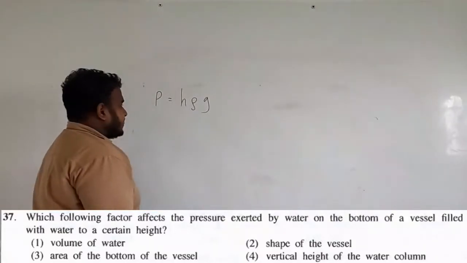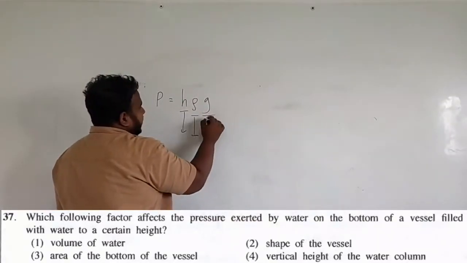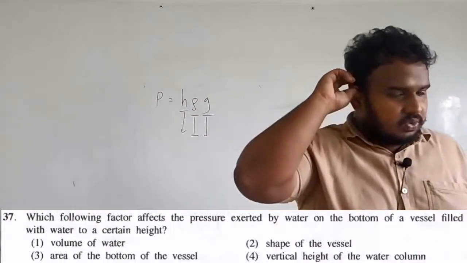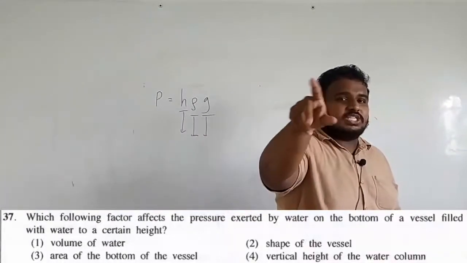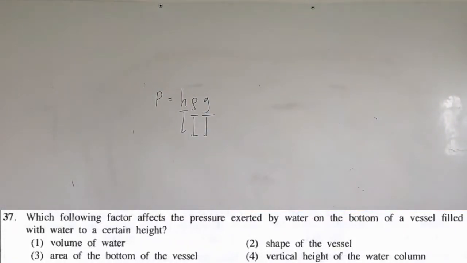It depends on all these three: the vertical height, the density of the liquid, and gravity. Whenever they give you some equation, they directly ask which depends on what, so don't bother about what's happening there. Volume of water we are not going to consider. Area of bottom, no. Shape of the vessel, no. The vertical height of the water column is the answer.